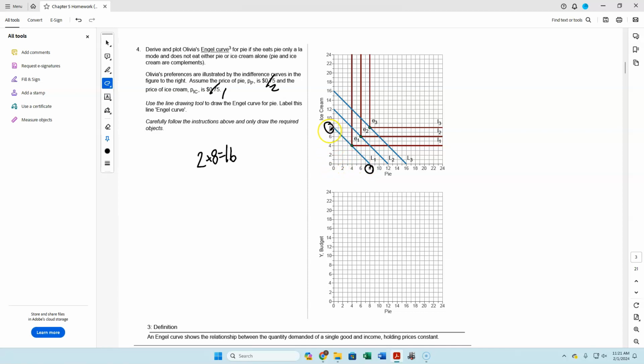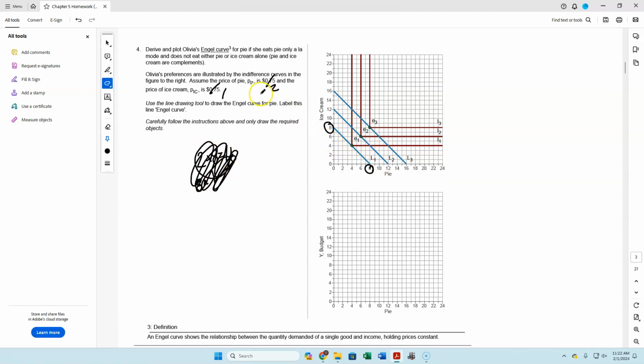And for ice cream, oh, sorry, I was like, why is that math not working out?